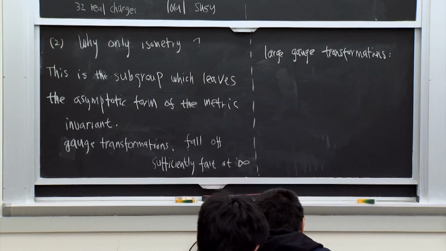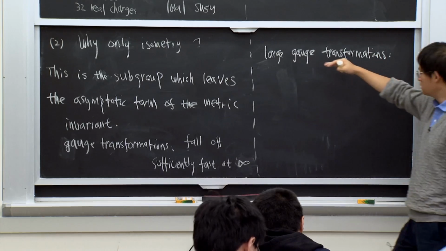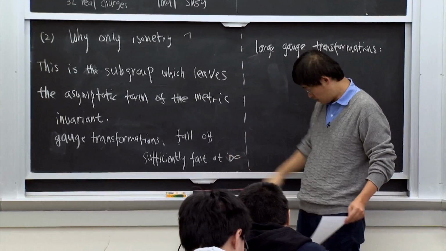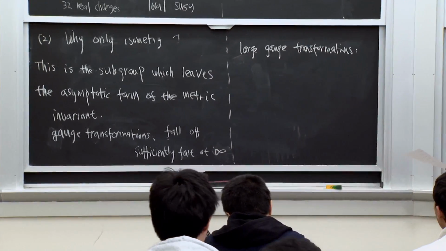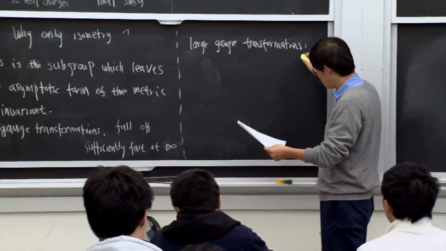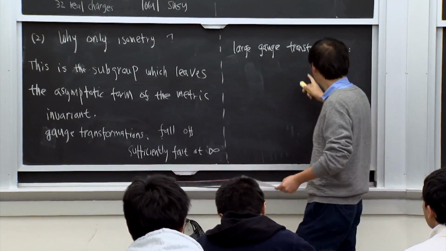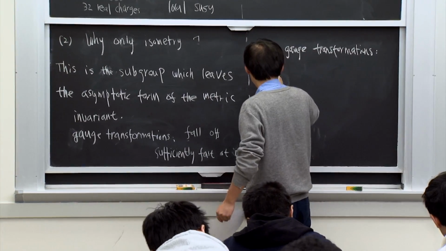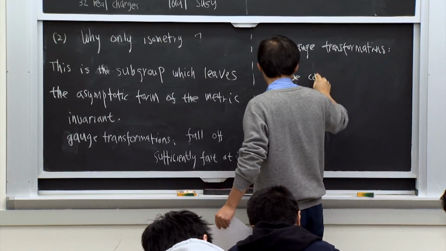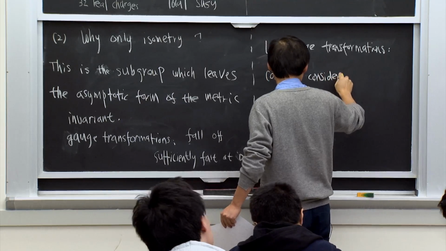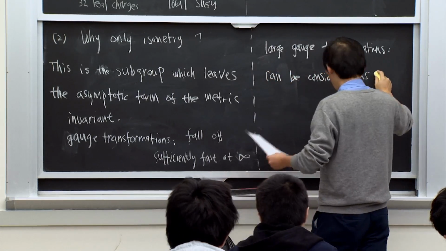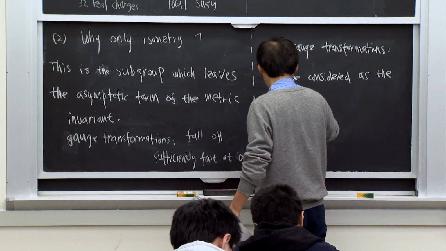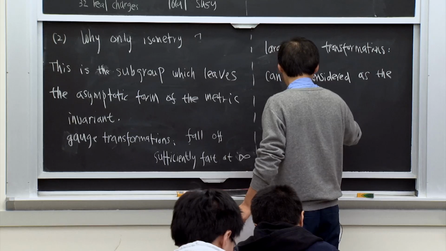And of course, these are precisely those large gauge transformations which leave the asymptotics invariant. So in this sense, these large gauge transformations can be considered as the global part of the diffeomorphism.